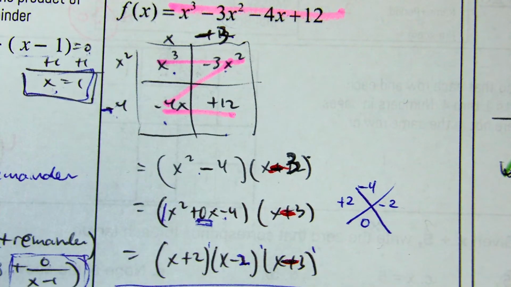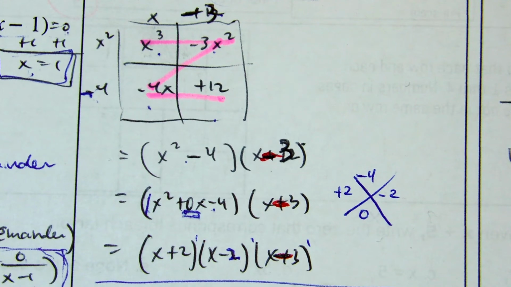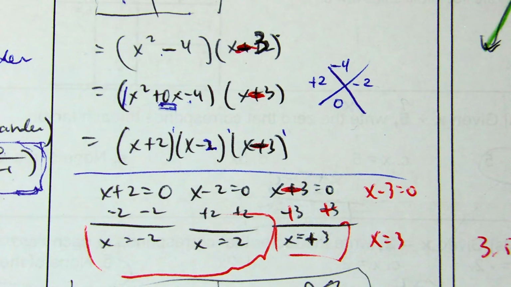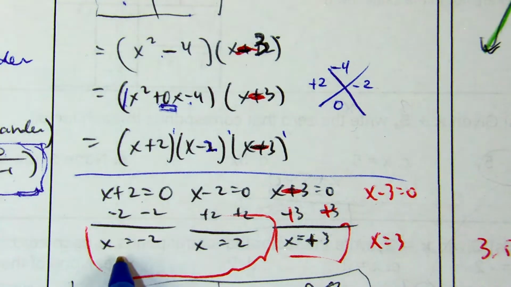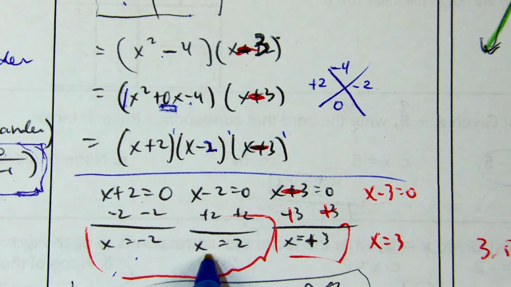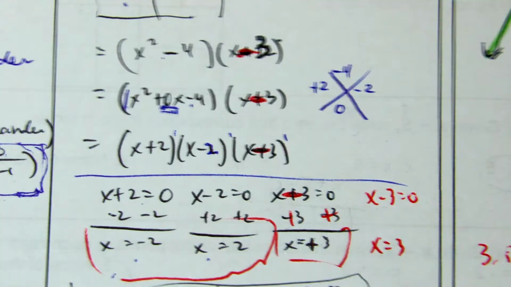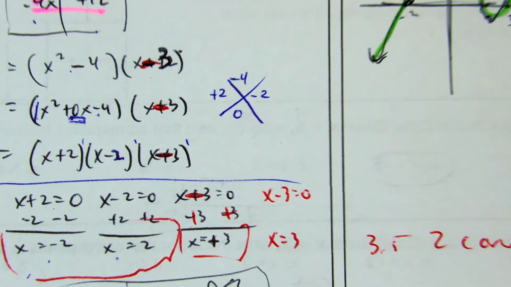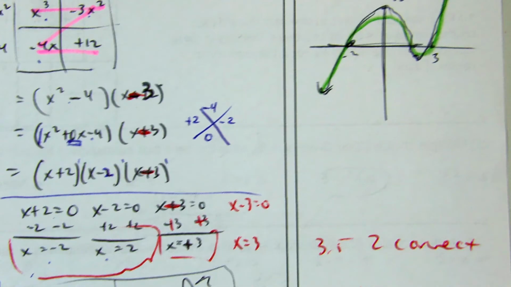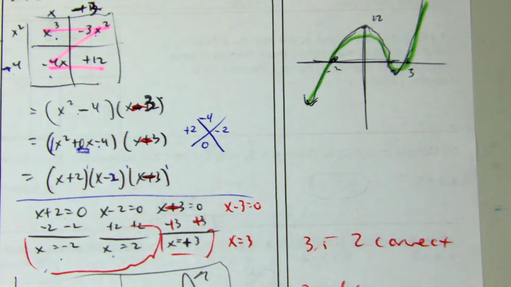To solve, you're just going to set it equal to 0. X equals negative 2. Add 2 here. X equals positive 2. Add 3, and then x equals positive 3. And then to graph that, it is a power of 3.